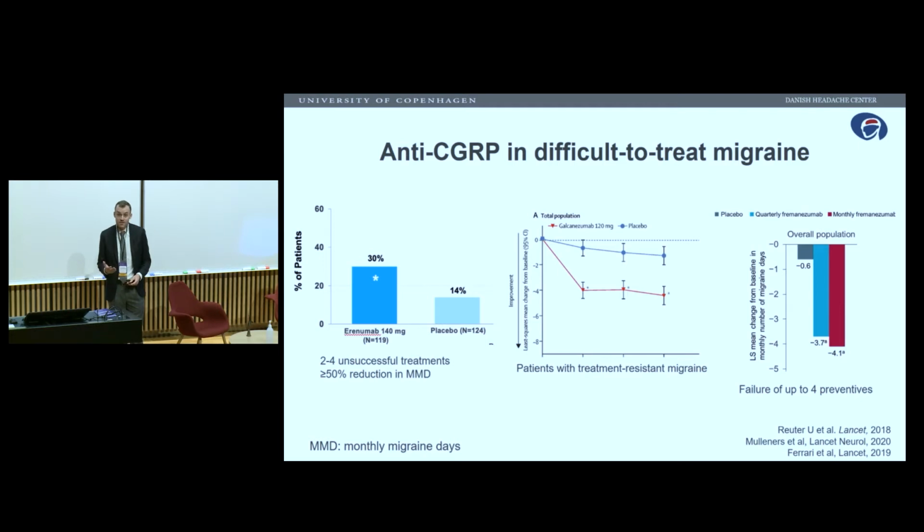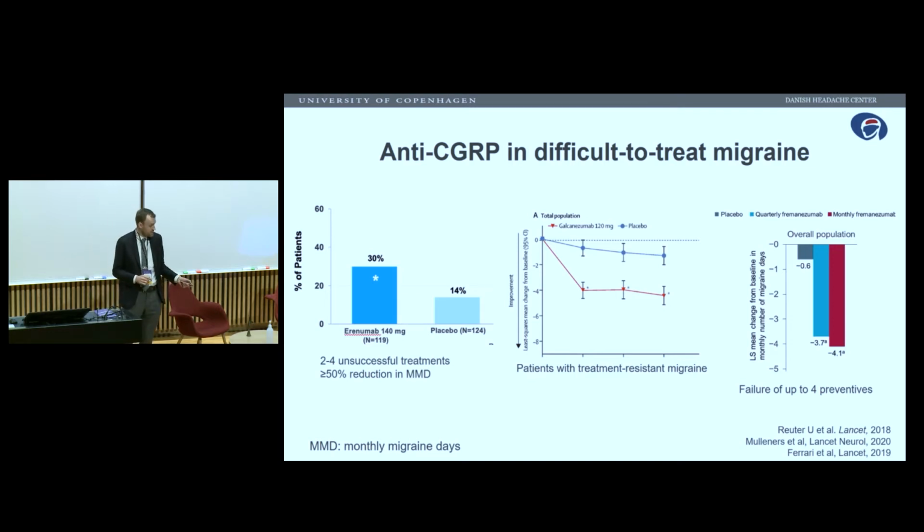Will the antibodies work in these patients? 3 different trials have tried to investigate this with 2 to 4 unsuccessful treatments in the first one. I believe it's the same for the 2 others, 2 to 4 unsuccessful treatments, which is defined as a mix of both unsuccessful in terms of efficacy or unsuccessful in terms of tolerability. So, of course, you should keep this in mind when treating your patients.